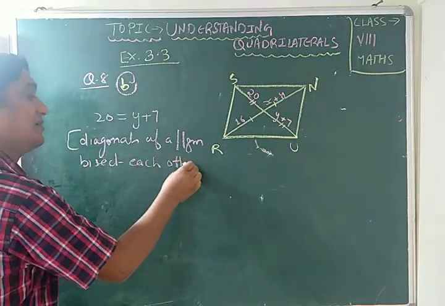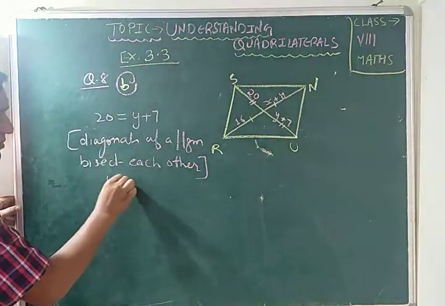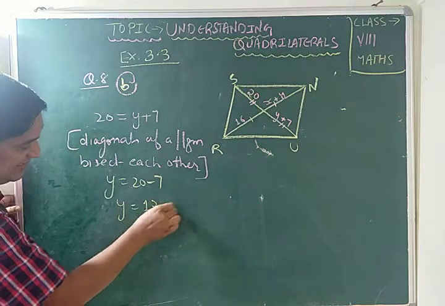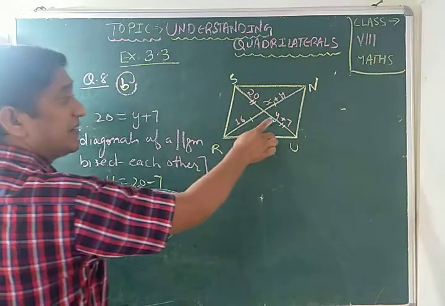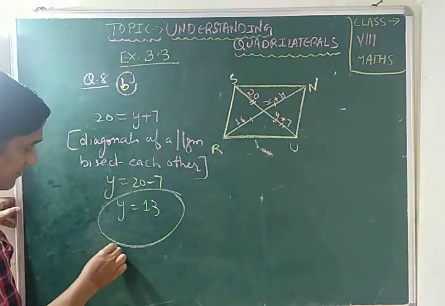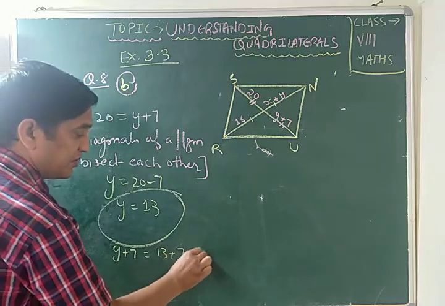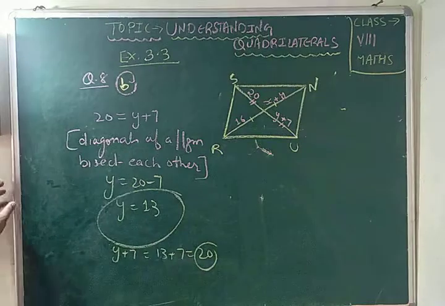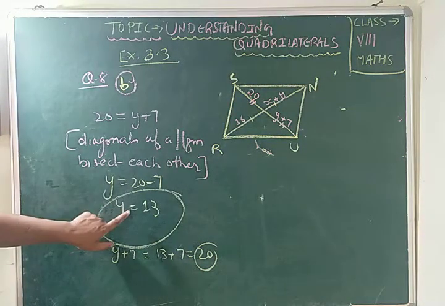So the value of y is 20 minus 7, that is 13. Y is 13. Now you may check, y plus 7, that is 13 plus 7, is 20. Now this is 20 and this portion also comes 20 if we substitute the value of y, that is 13. It means our solution is correct.